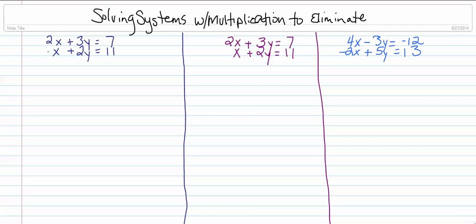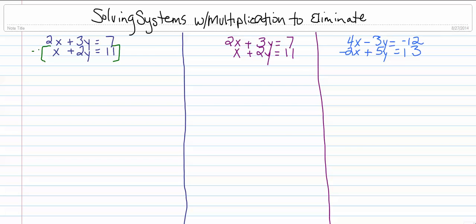So how do I get this 1 in front of the x to become a negative 2? The reason I want it to be a negative 2 is because it's opposite of the positive 2 in the first equation. Well, in order to change a 1 to a negative 2, and I can only manipulate these equations through multiplication or division, I'm going to have to multiply the second equation by negative 2.